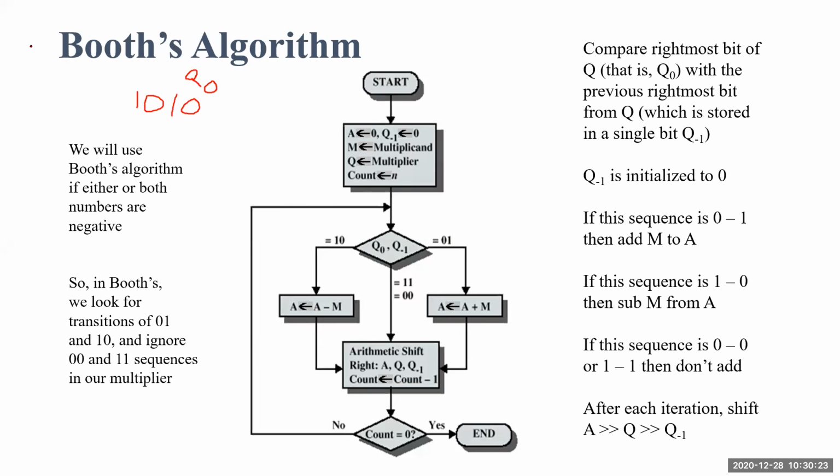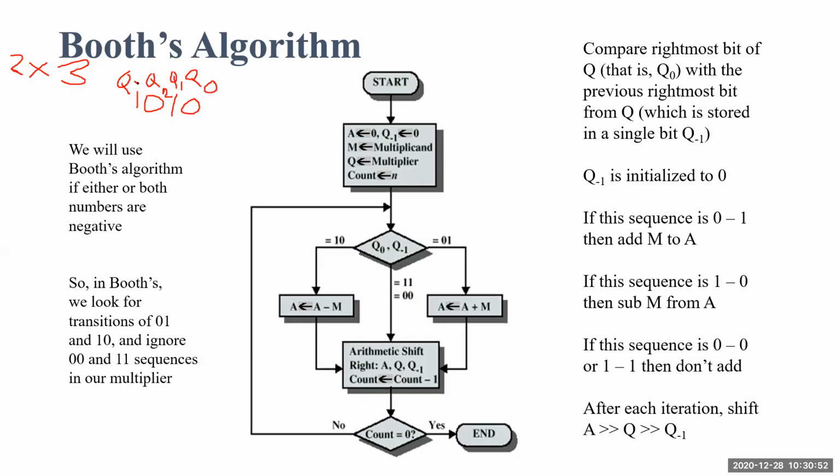If I'm trying to multiply 2 into 3, then 2 is my multiplicand and 3 is my multiplier. So Q is the multiplier. This is Q0, then Q1, then Q2, and ultimately Q3.